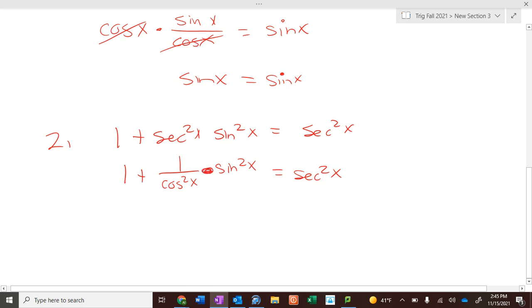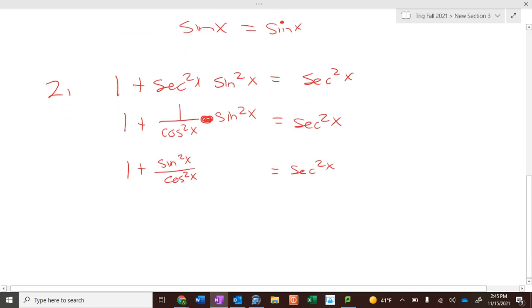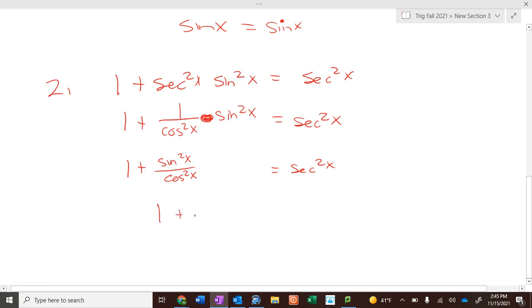This is a times sign. Sorry, that's where my computer screen is bad. Okay, so I'm going to rewrite this as sine squared of x over cosine squared of x. Okay, what do you think sine squared over cosine squared is?